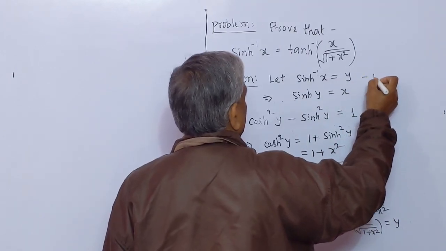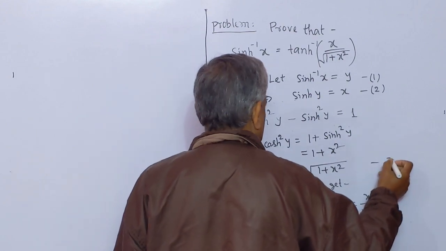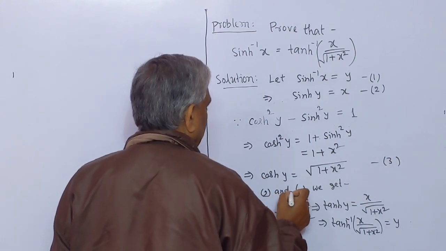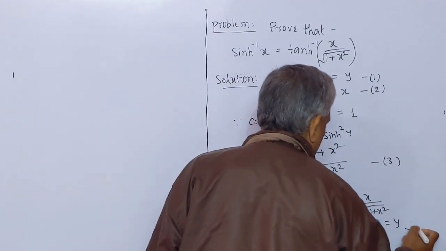Let this is number 1, this is number 2, this is number 3, using 2 and 3 here. This is number 4.